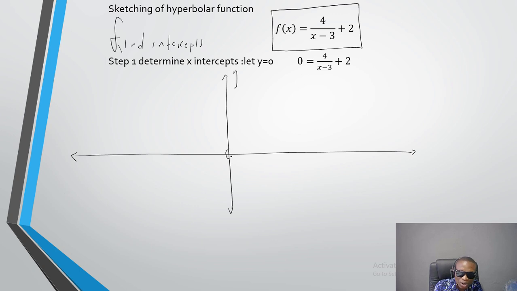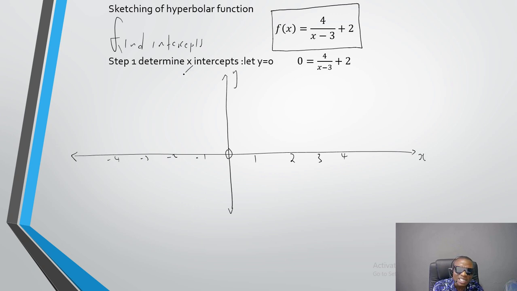So let's say we've got 0, 1, 2, 3, 4, minus 1, minus 2, minus 3, minus 4. So I have to know at which value of x the hyperbola function passes at the x-axis.